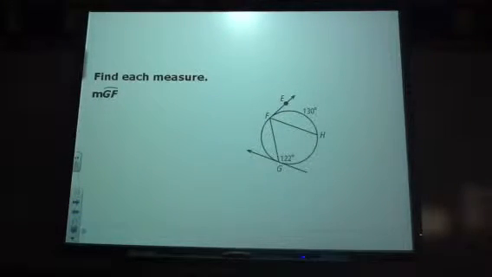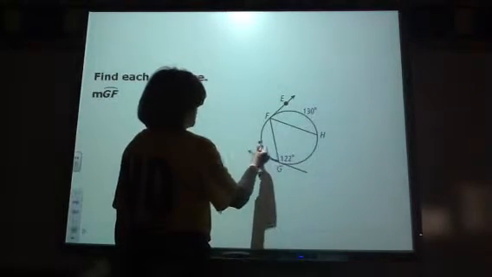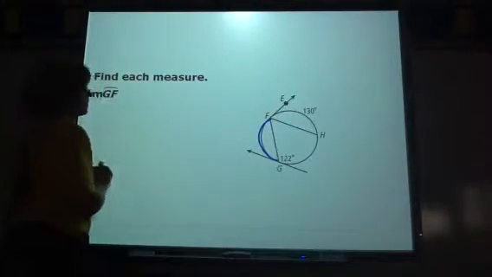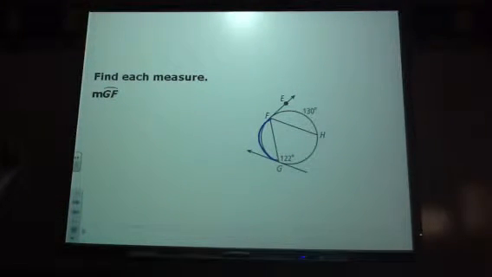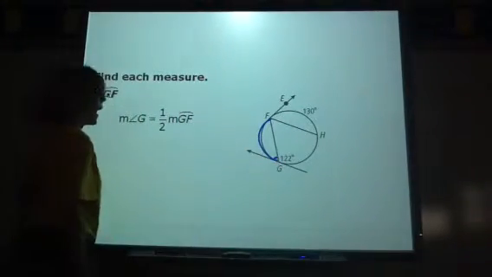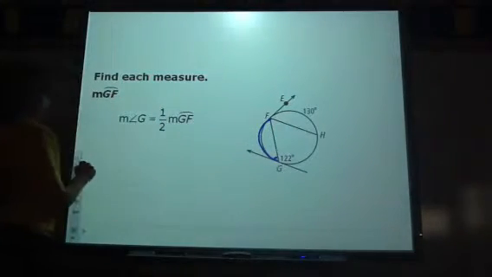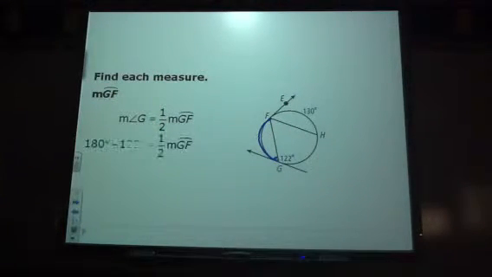Okay, find each measure. Arc GF. GF is this right here. So the measurement of angle G, which is this right here, is half of the intercepted arc. So do we know the measure of angle G?